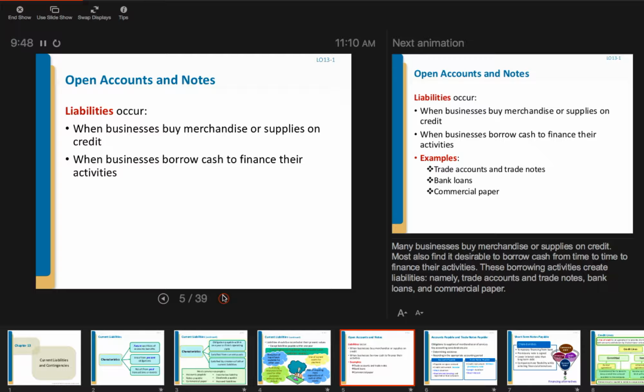You guys know when liabilities occur. Anytime a business needs or, out of convenience, receives something of value for which they haven't paid yet, that incurs some type of liability. Okay? And like I said, that could be out of necessity because the company couldn't otherwise afford to do it, or it could just be out of efficiency.